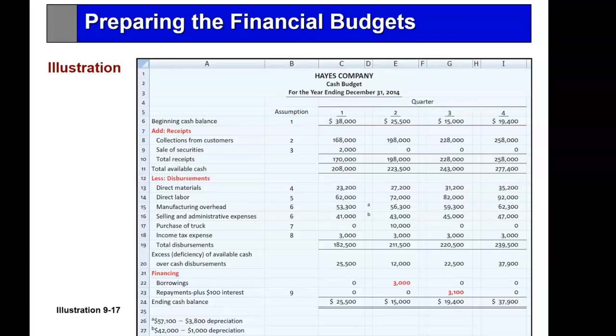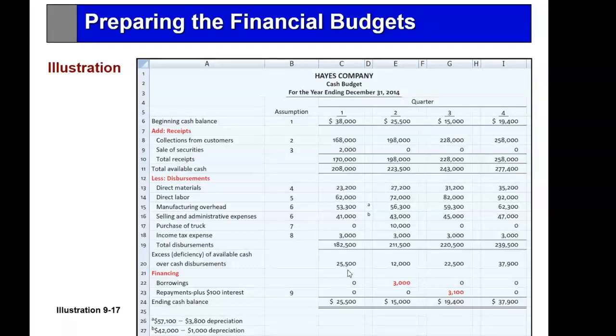You do the same for selling and admin. You add back the 1,000 depreciation. Income tax, I said $3,000 every quarter. So the total amount I need for this first quarter is $182,500. So income's $208, out goes $182,500.